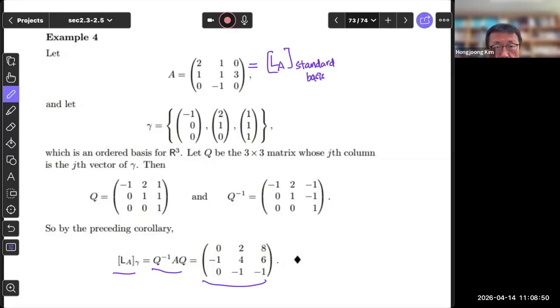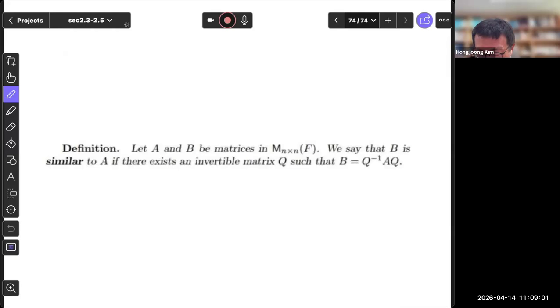While the matrix at the bottom is representing this same linear mapping but with a different basis, gamma. So we just observed that given these two matrices A and B, one matrix was represented by this form where this Q is a certain invertible matrix.